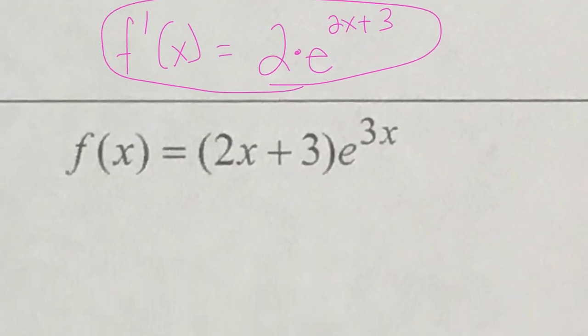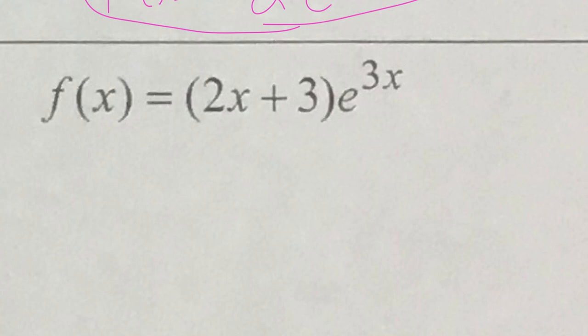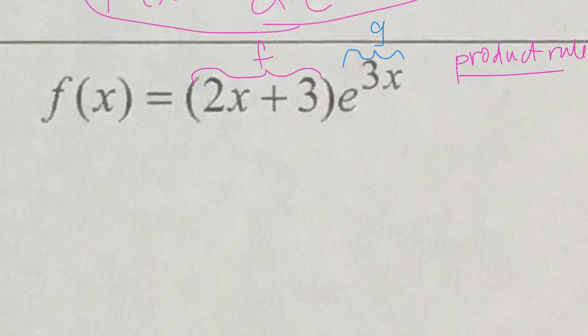Okay, let's move down on the page and look at this function. We have in parentheses 2x plus 3 times e to the 3x. So the first thing we're going to do is apply the product rule to our derivative, where 2x plus 3 is your f function, and we will call e to the 3x our g function.